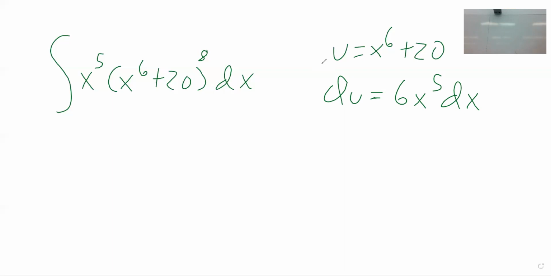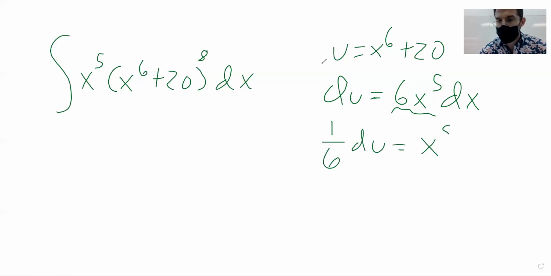So how do I get the error in the u? I take the error in x and multiply by how it's changing, this derivative piece. So then what happens next? We need to convert the derivative of u to the given problem by finding 1/6 of du equals x to the 5th dx.